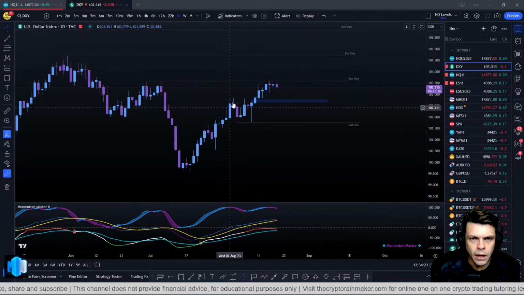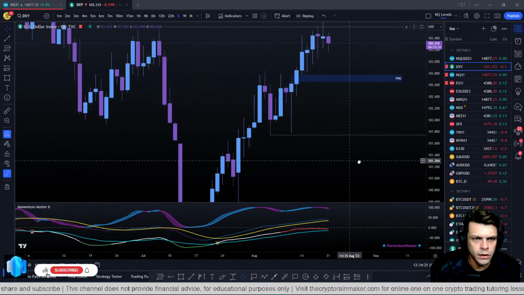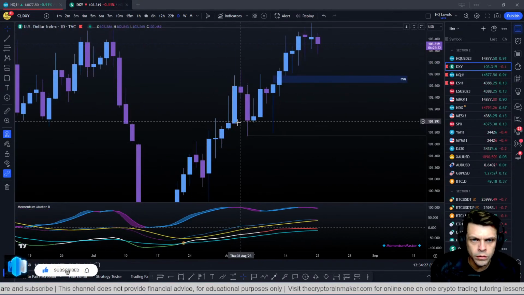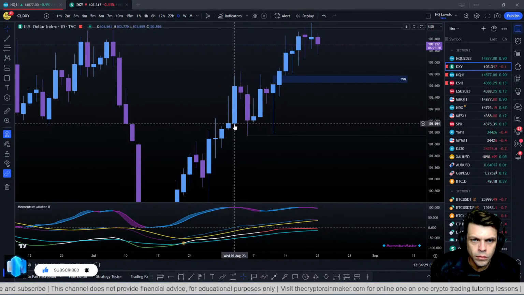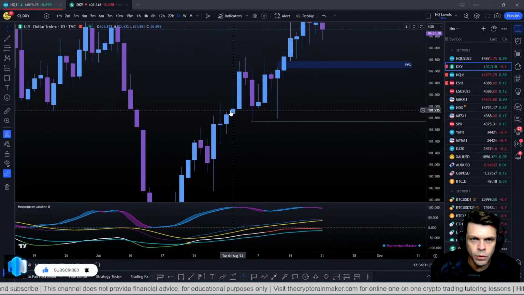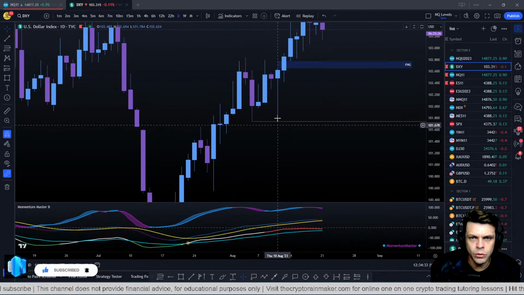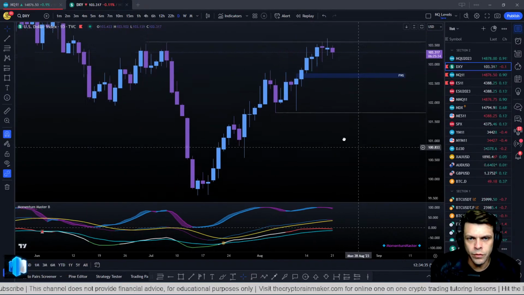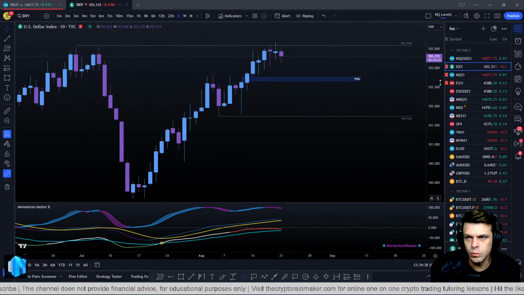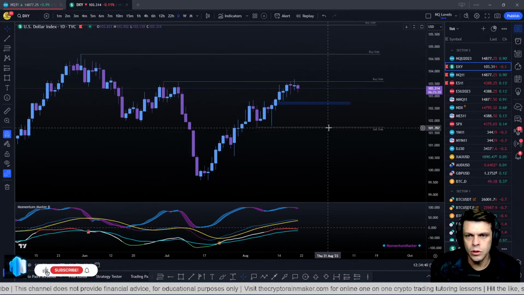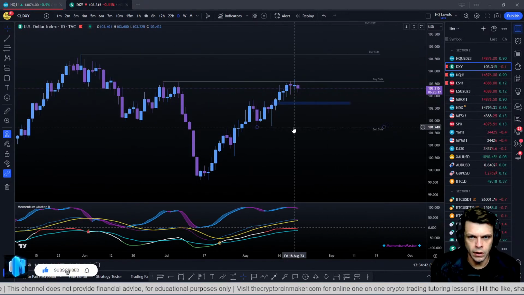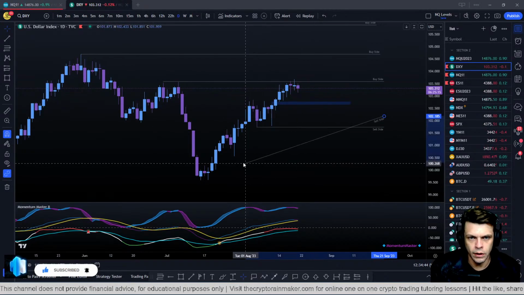Okay, any imbalances on this leg? Not really. Let's just have a closer look to make sure. Not really though. There was a little one right there, but price came into it twice and then moved away from it, so I'm not going to worry about that one too much. Let's just mark off the rest of the internal sell side liquidity on the daily chart.